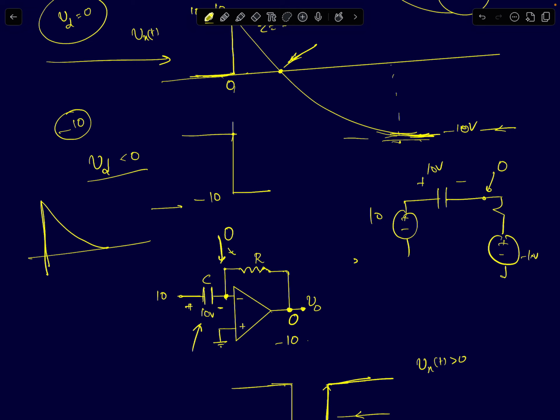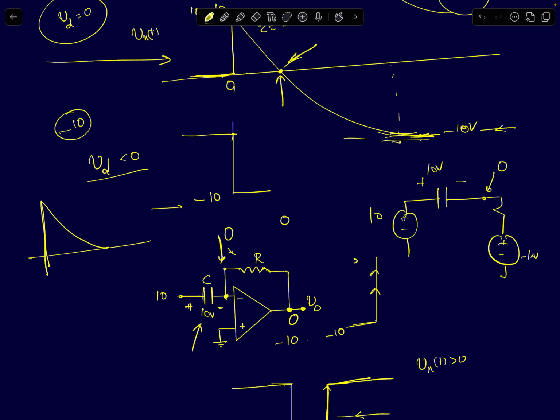It has reached 0 just at this point, and then it is trying to go to negative values. When it goes to negative values, your differential input becomes positive. So your output voltage will now start rising from minus 10 to plus 10, because your Vd is greater than 0 and it will try to go to plus 10. So it will start rising.